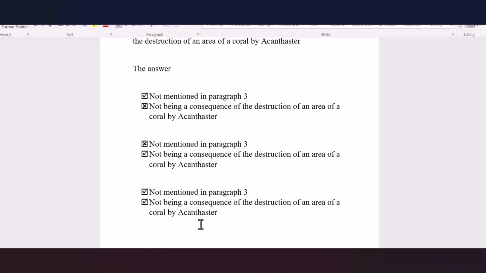It is actually the appearance of coral larvae and establishing a flourishing life where coral thrived that is a consequence of the destruction of an area of coral by acanthaster.